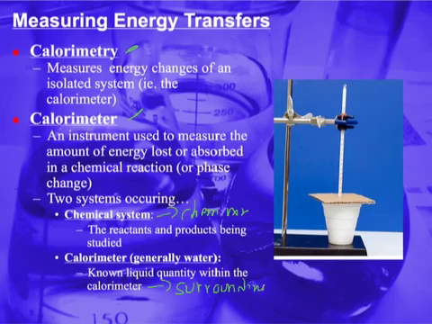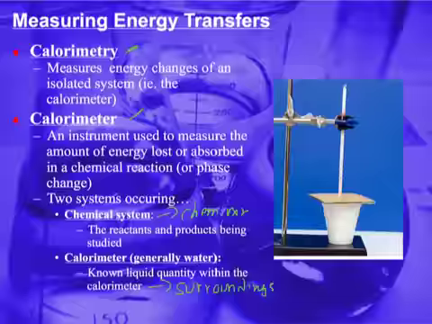And we'll measure the change in temperature of the surroundings in order to determine the change in energy of the chemical system. In high school, we will often use water as our surroundings because it is easy to determine the temperature of water, and water has a high specific heat capacity, so it is useful for many reactions.